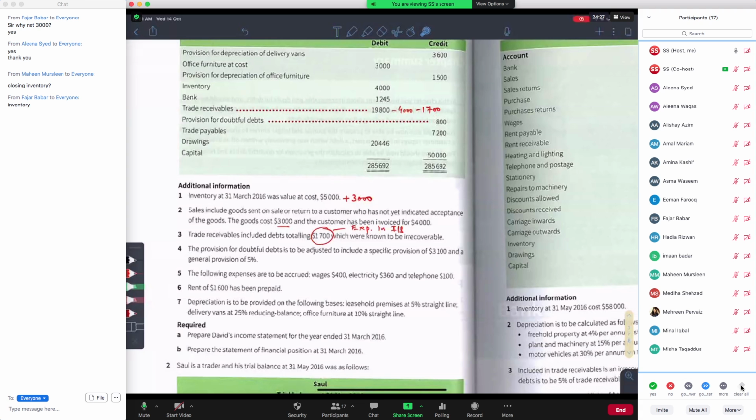So a bad debt is someone you're certain about who's gone bad, number one. Or if you can identify another person who is most likely going to go bad, they are not going to be differentiated. They will be treated just like a bad debt. So in this case, you can treat the specific provision here as an additional bad debt.